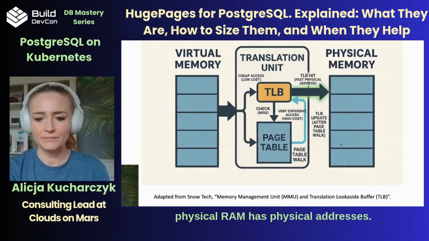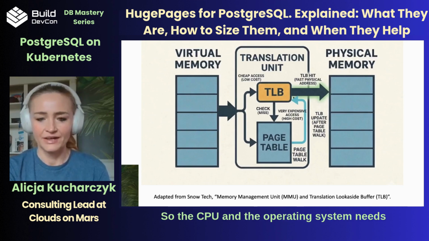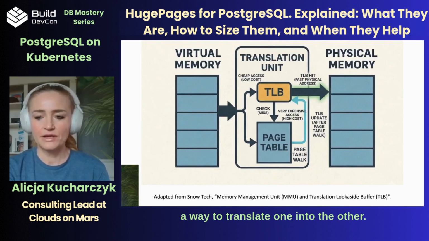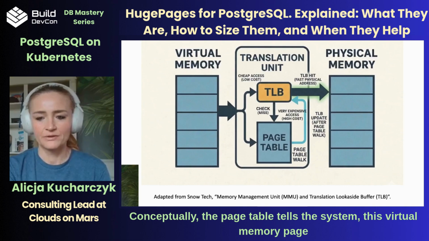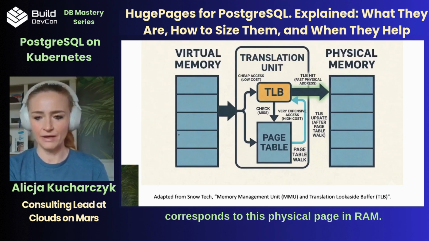Physical RAM has physical addresses. So the CPU and the operating system need a way to translate one into the other. The translation is stored in page tables. Conceptually, the page table tells the system this virtual memory page corresponds to this physical page in RAM.